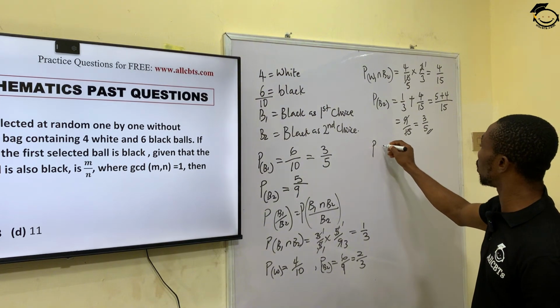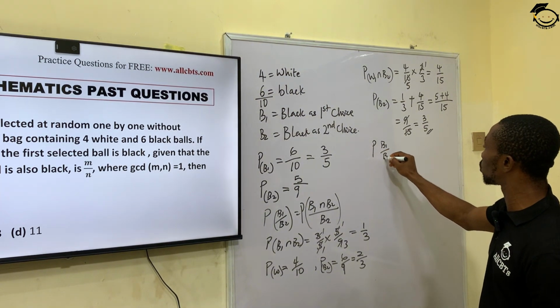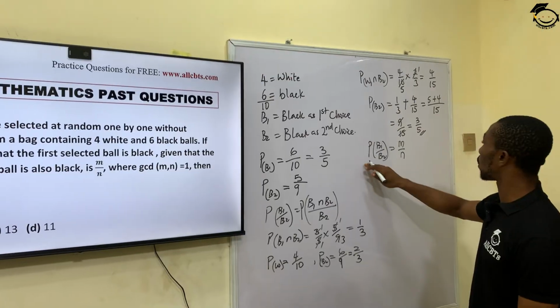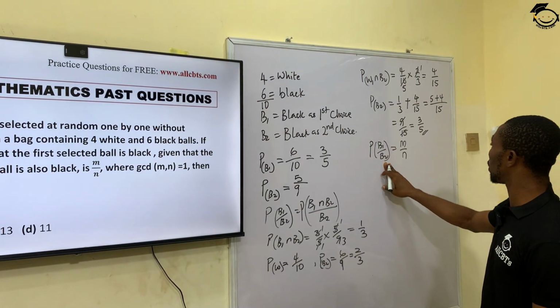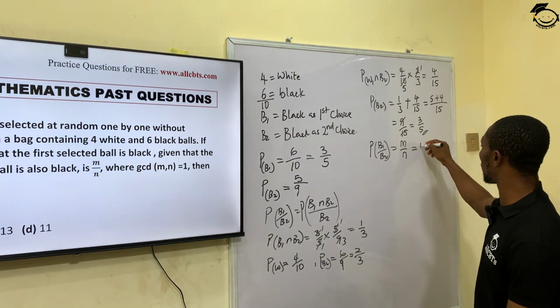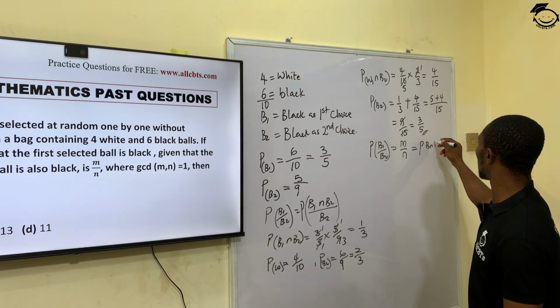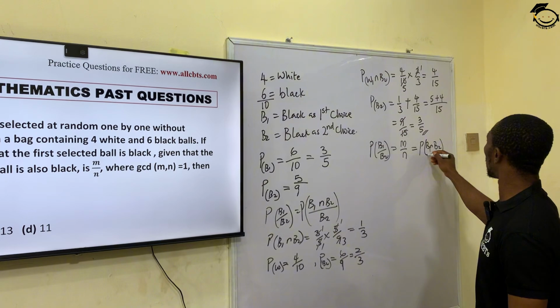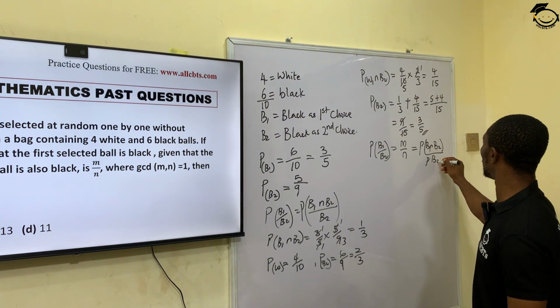Now, the probability of B1 given B2 equals m over n. And it also equals the probability of B1 intersection B2 all over the probability of B2.